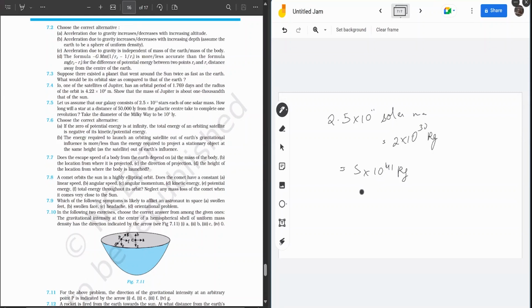Diameter is given as 10 to the power of 5. So radius will be 5 into 10 to the power of 4 light years. Okay. And 1 light year is equal to 9.46 into 10 to the power of 15 meters. Hence, this will be 4.73 into 10 to the power of 20 meters. Okay.